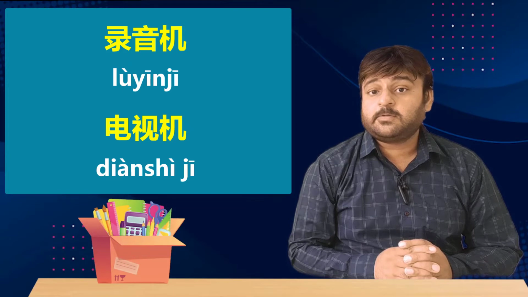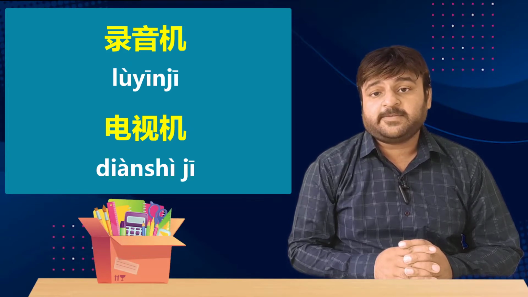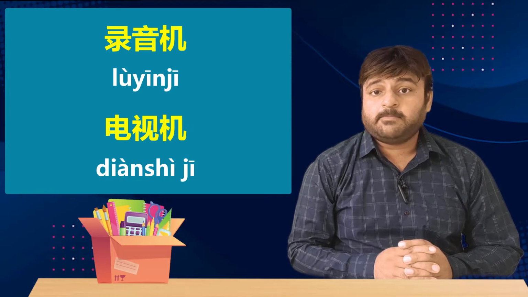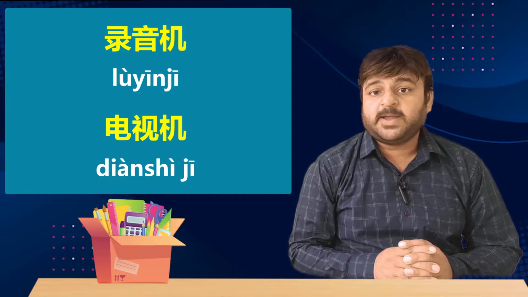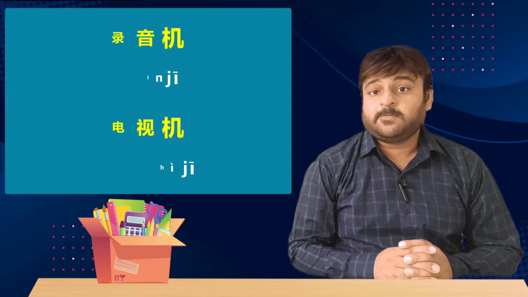The door is not open. 箱子没开着. 衣柜没开着. 收音机没开着. 录音机没开着. 电视机没开着. When we have to make a negation, we use mei or meiyou. Moving on to the next substitution drill, let's read the sentence.